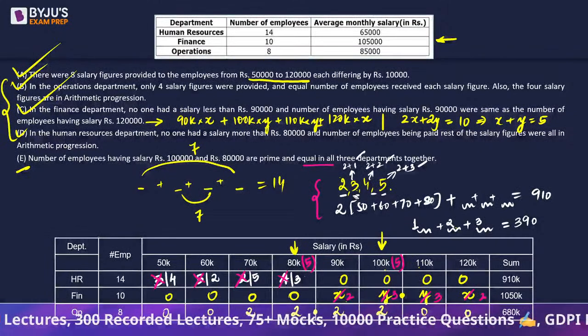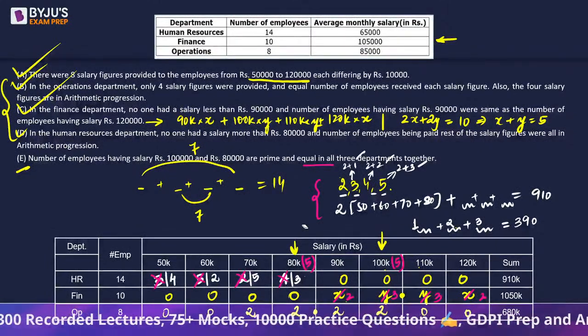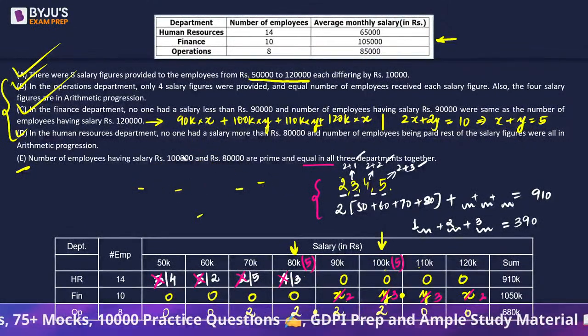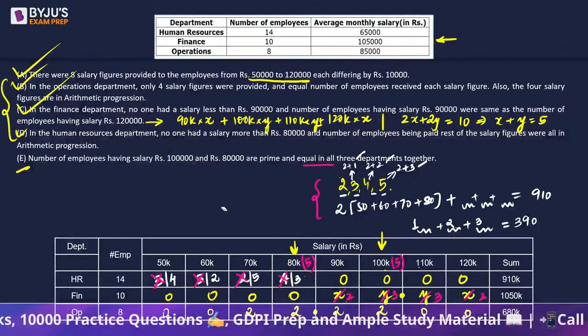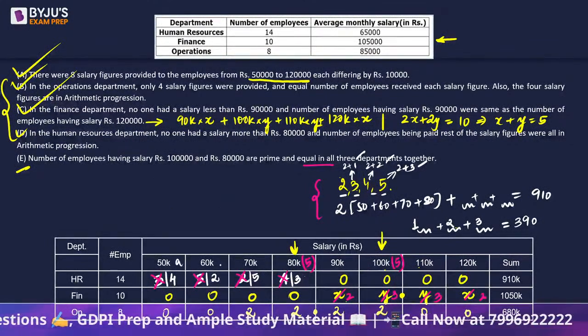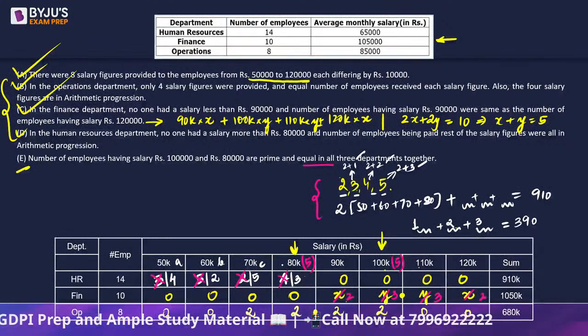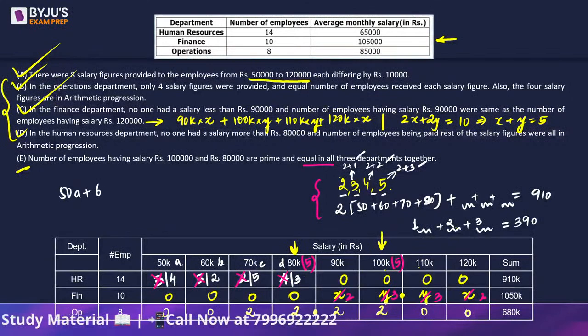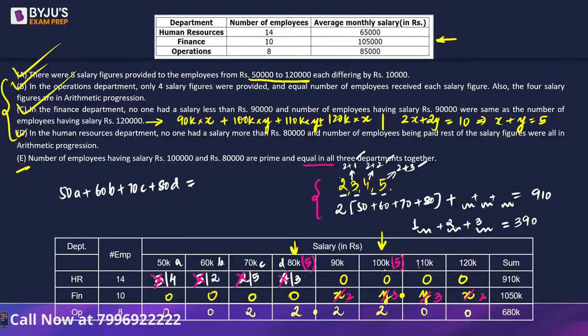If you guys were finding this hit and trial to be a difficult part, we could have also solved it in a different way. Suppose the number of employees are A, B, C and D for 50, 60, 70, 80. So we can say 50A plus 60B plus 70C plus 80D is equal to 910, where A, B, C, D are the number of employees.